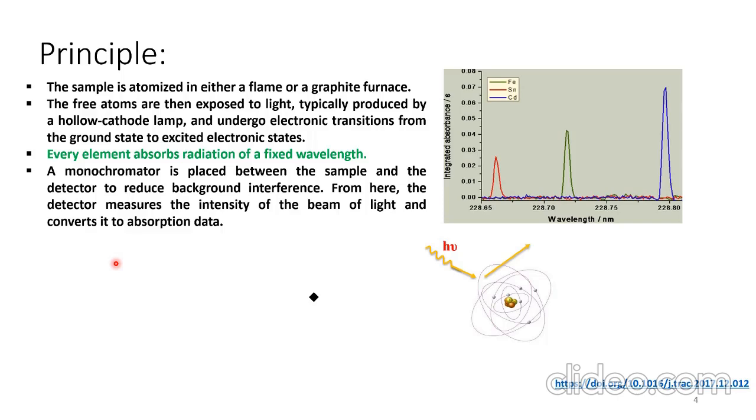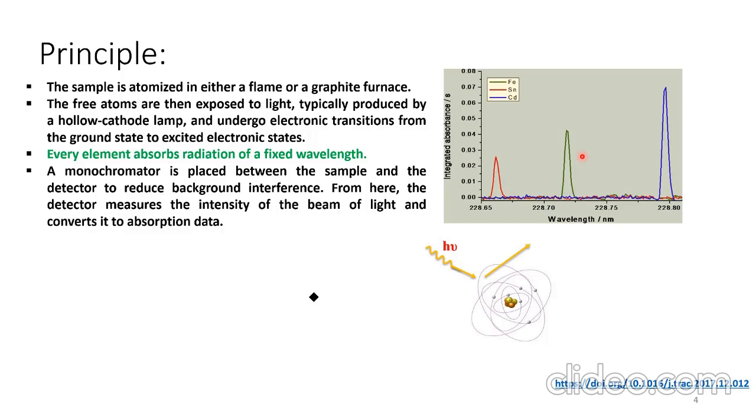Like when the light is getting hit on the sample, the sample will absorb some of the light and emit some. So the absorption intensity is directly proportional to the concentration of the material.